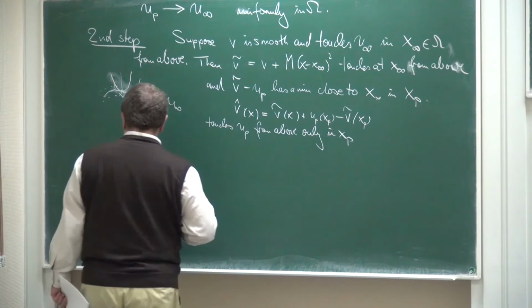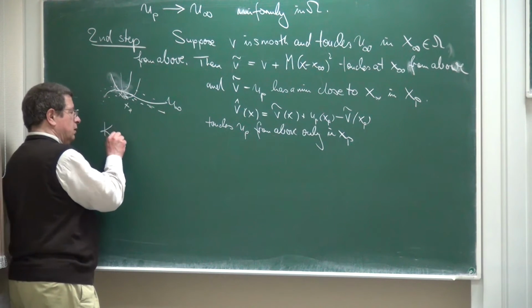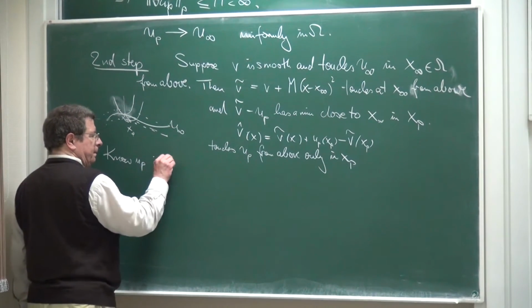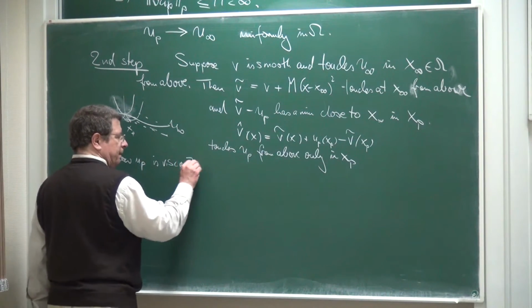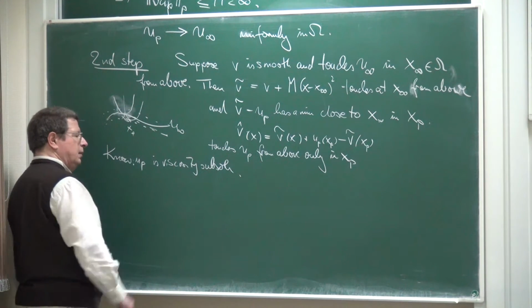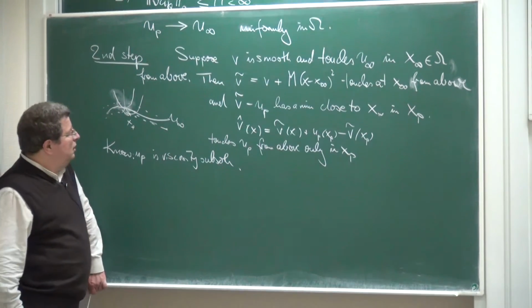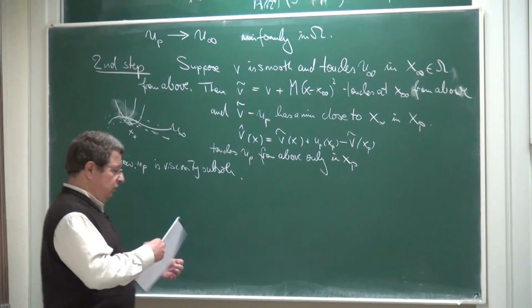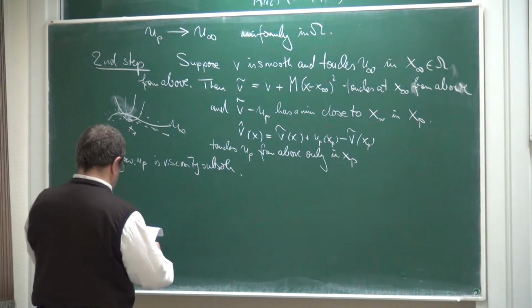Okay. Now we know that u_p is a viscosity subsolution. And this means that if u_p is touched from above in a point x_p, then a certain differential inequality holds for v hat.